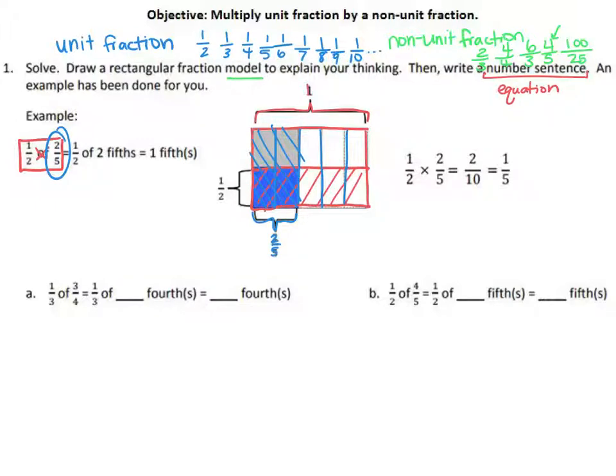Now, we can see that these two boxes are shaded both red and blue. So we know that our answer is 2 out of 1, 2, 3, 4, 5, 6, 7, 8, 9, 10. So our answer is 2/10.